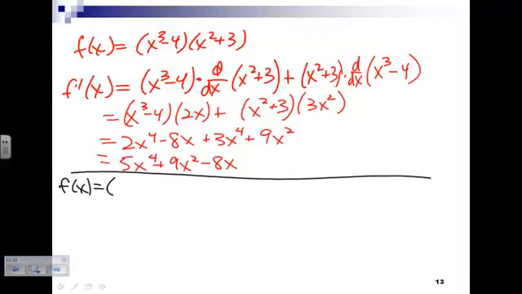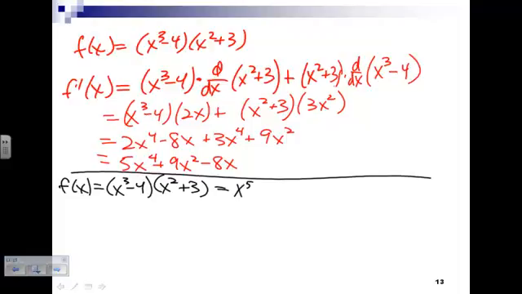Here's me doing the problem again. Before I take the derivative, I'm going to FOIL. Very clever. I didn't say you had to write this. This is just me doing it. This is what I do. X to the 3rd times x squared is x to the 5th.